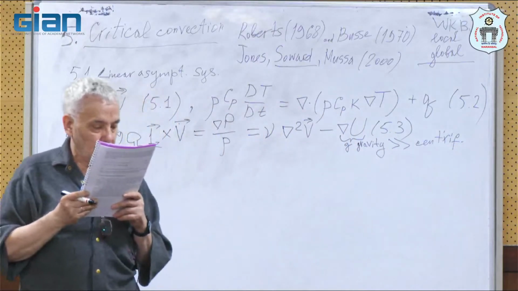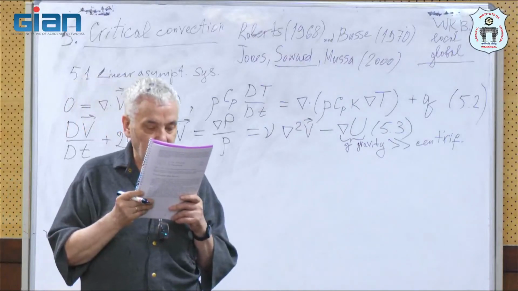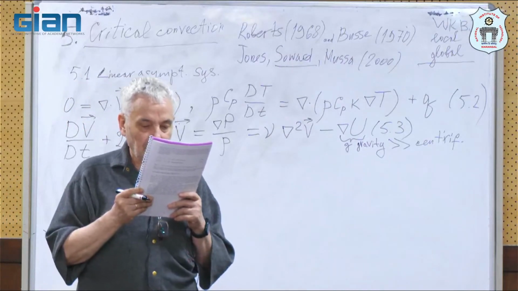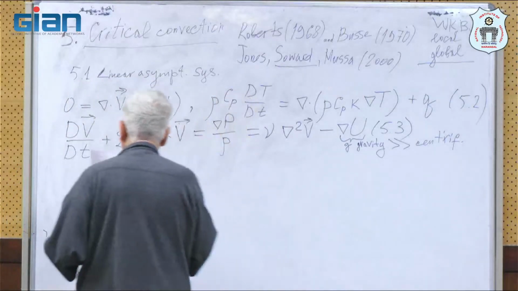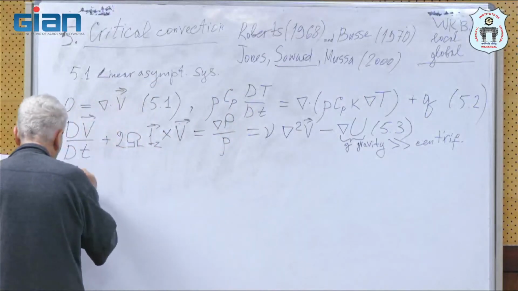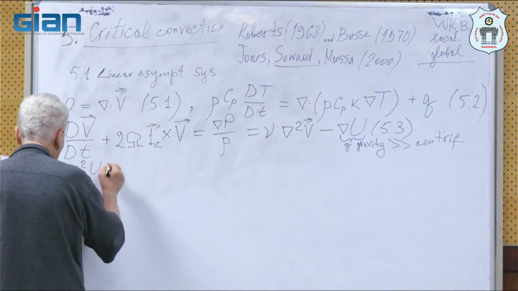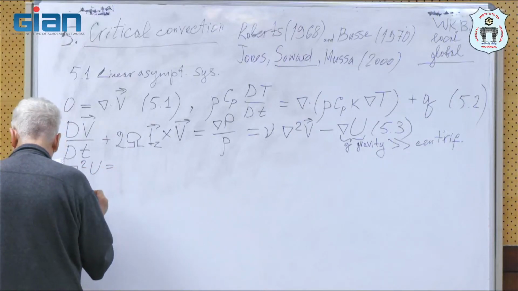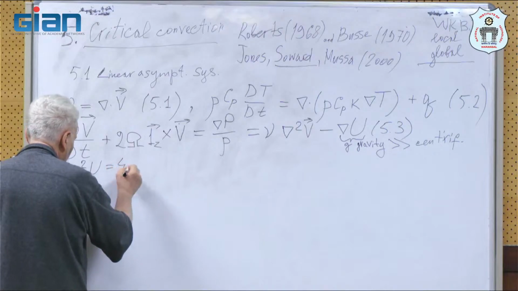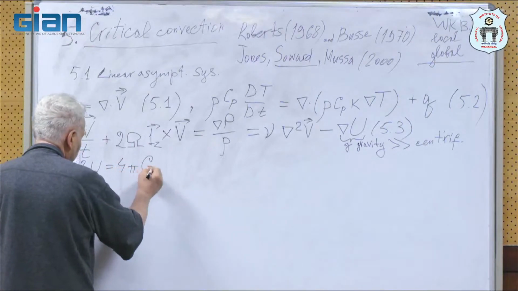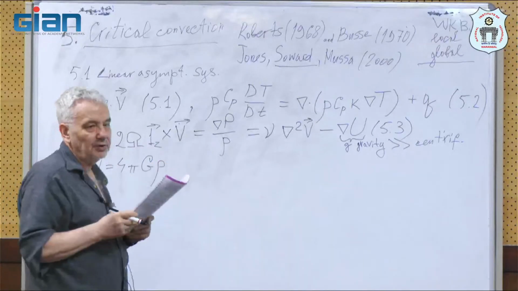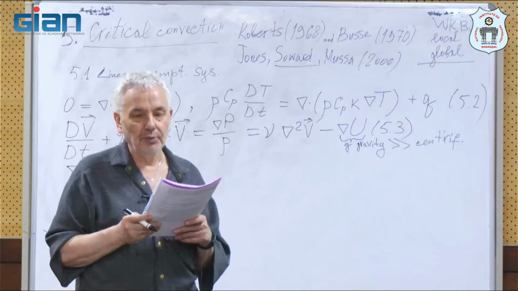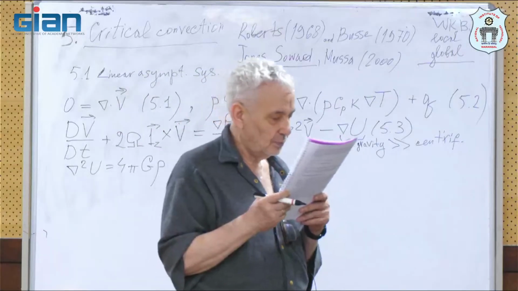Okay. And the final Newton self-gravity planetary equation is actually nabla square U equals 4 pi gravitational constant and rho. Of course, it's the same equation which we considered with U, but only in a somewhat simplified form.